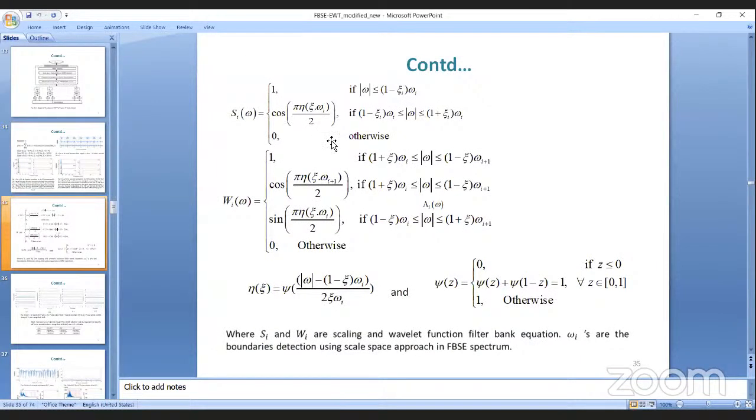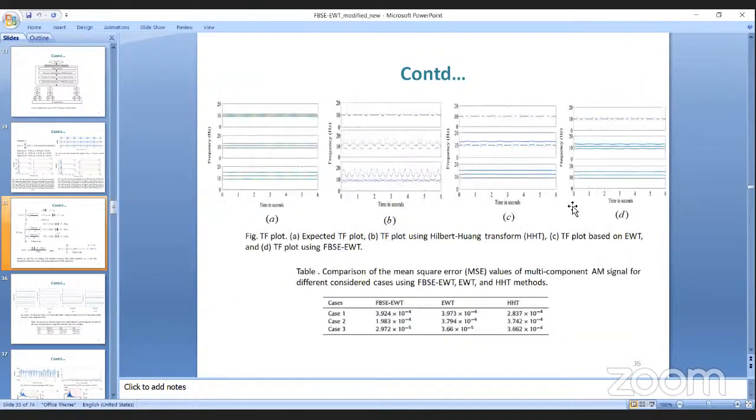These are the mathematical equations for the scaling functions and empirical scaling functions in the empirical wavelet transform. Based on that, we have designed these wavelets to separate out these signals from the different boundaries. Here you can see the time frequency representation of the considered signal, and this is the expected time frequency representation.